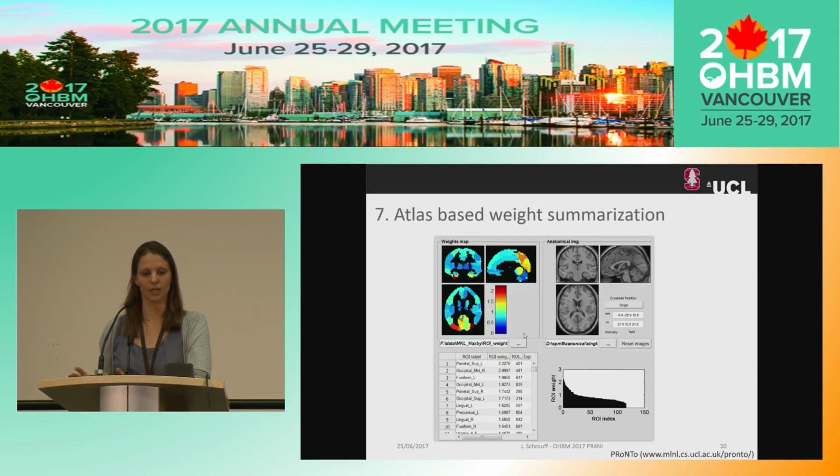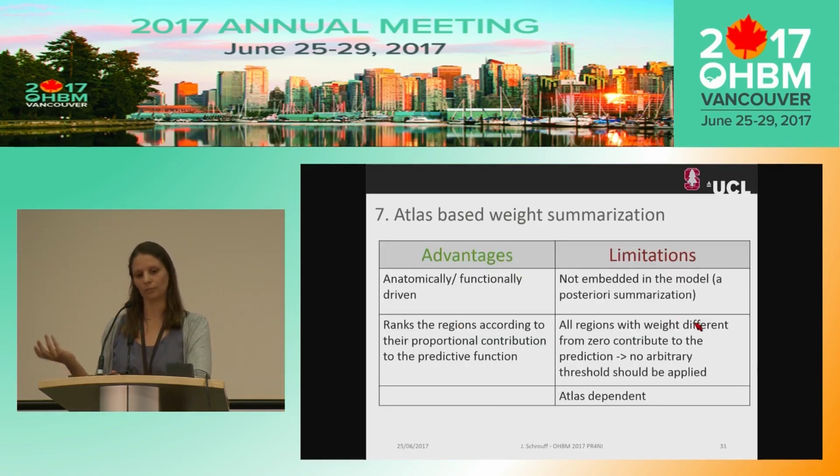It gives a list of regions, and you see directly that this list, where I used a whole brain SVM, is not sparse. That means that you need to look at the whole list. You cannot threshold the regions, the same as it goes for voxels. I guess it was a technique that was used a little earlier on, but it's a nice summary, but it's not really helping in any way.